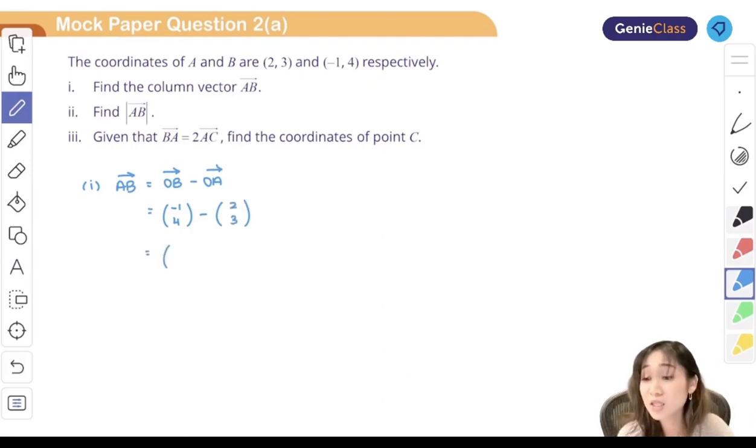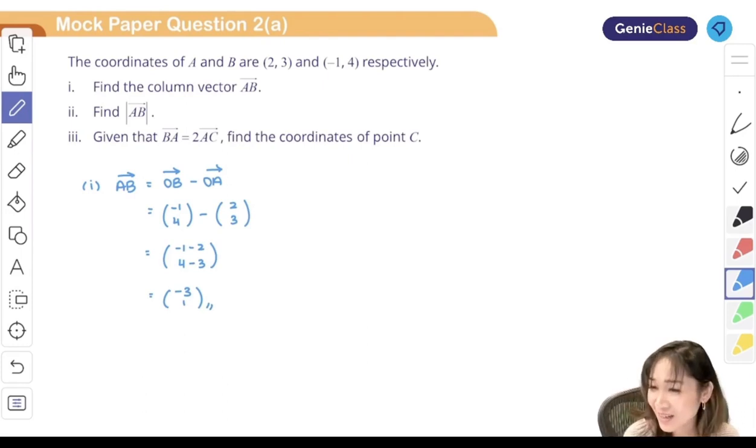Then from here, it's just subtracting, like our matrices. So -1 minus 2, and 4 minus 3. That's going to give us (-3, 1). So if you got this, again, another mark. Yes, very good, Kavya. Well done.